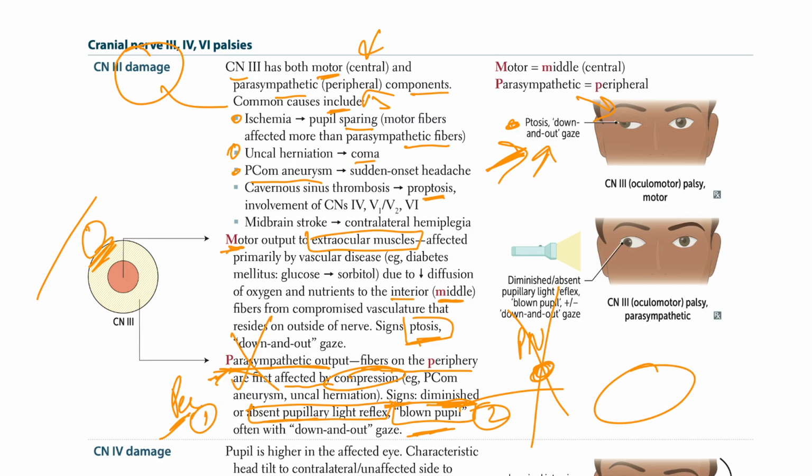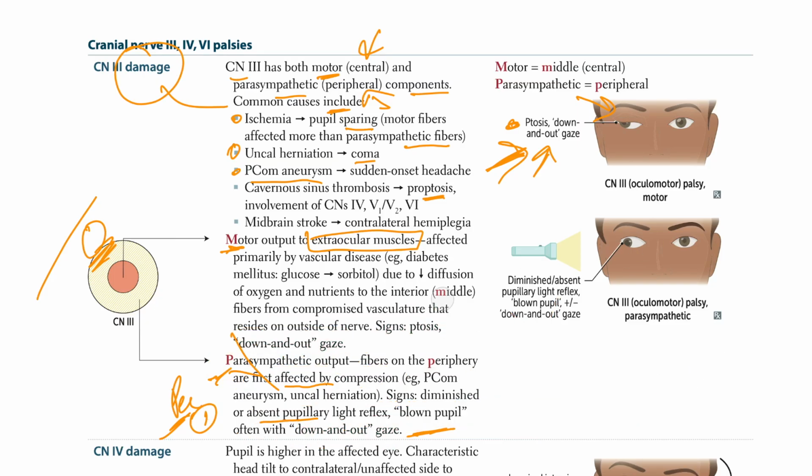So you're just going to go into mydriasis, unopposed mydriasis, which is blown pupil, right? Often with down and out gaze. If you look at down and out gaze, you see it in both of these, but ptosis you don't see in the parasympathetic outflow. Let me just highlight this part, ptosis, and here you have this blown pupil. So ptosis and blown pupil are the different features.